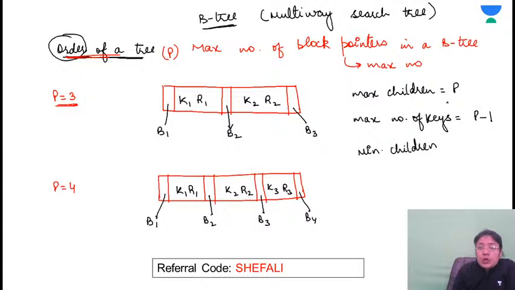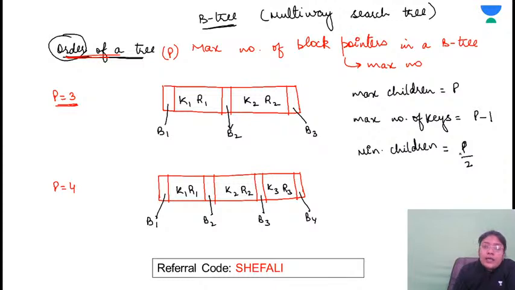If maximum children are P, then minimum children will be P by 2. Ma'am, if P is given as some odd number, let's assume that P is given as 7, then 7 divided by 2 is 3.5. So in that case, do we need to take the floor value or the ceil value? They're saying that at least 50% occupancy should be ensured. It cannot be less than 50%. P by 2 is fine.